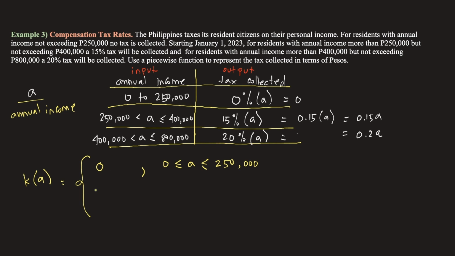The second line will be 0.15a whenever the income is more than 250,000 but less than or equal to 400,000.